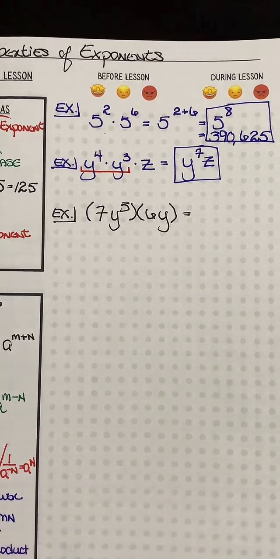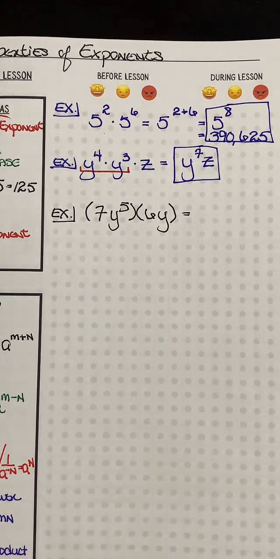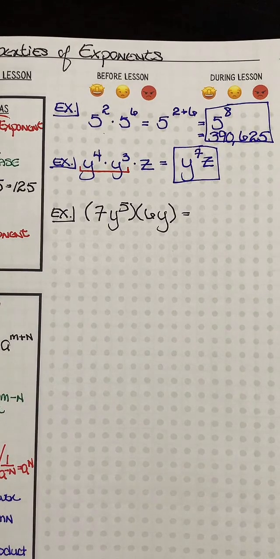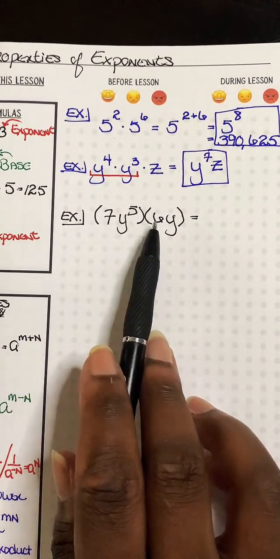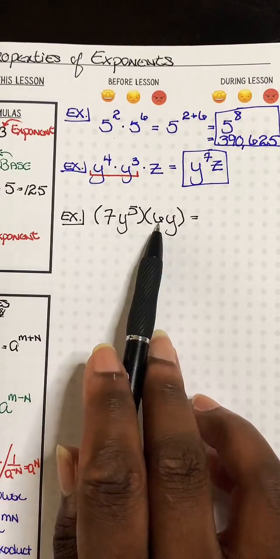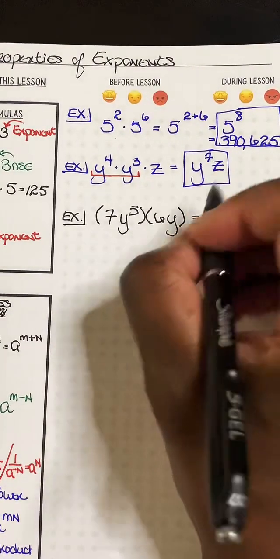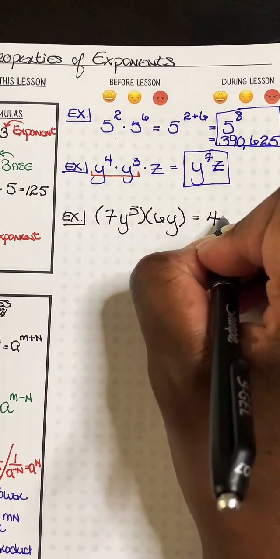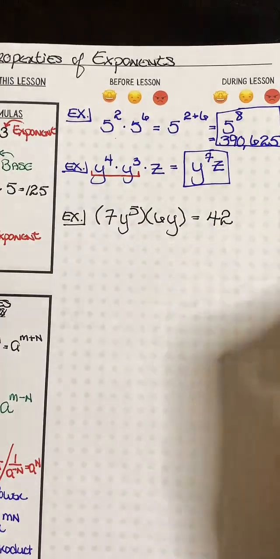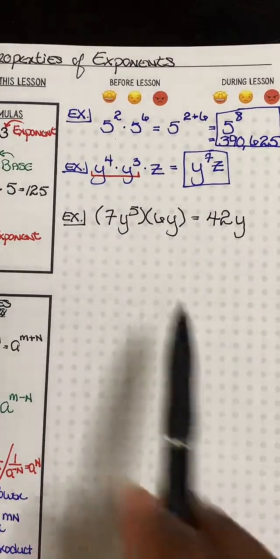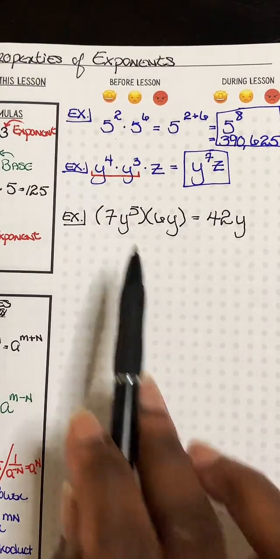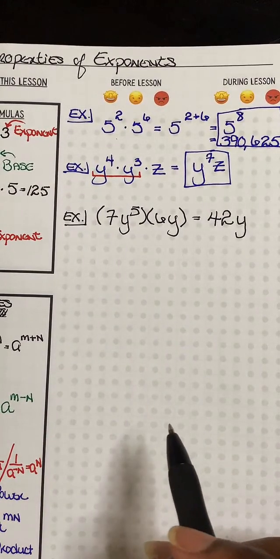Well, we got a battle between the y to the 5th and the y to the 6th. So let me see if I can help break the cycle. The coefficients, the 7 and the 6, you can multiply those. So that's where we got our 42, and we are all in agreement with that. But then it came to the y's. If you're doing multiplication, you're going to be adding.